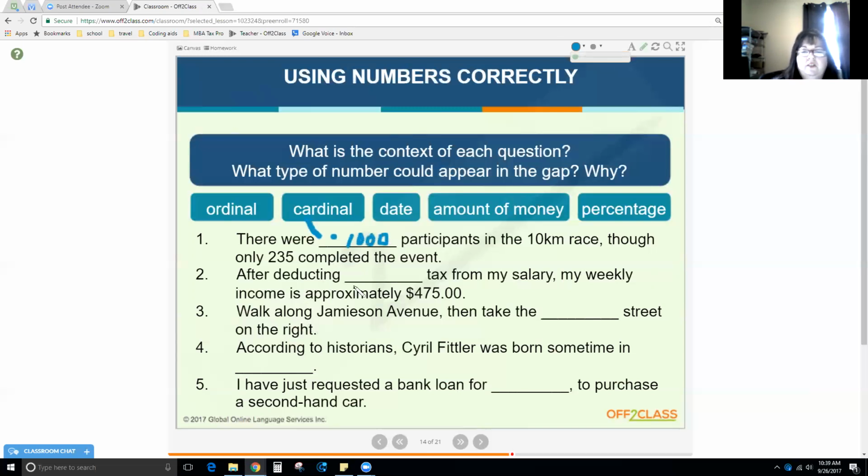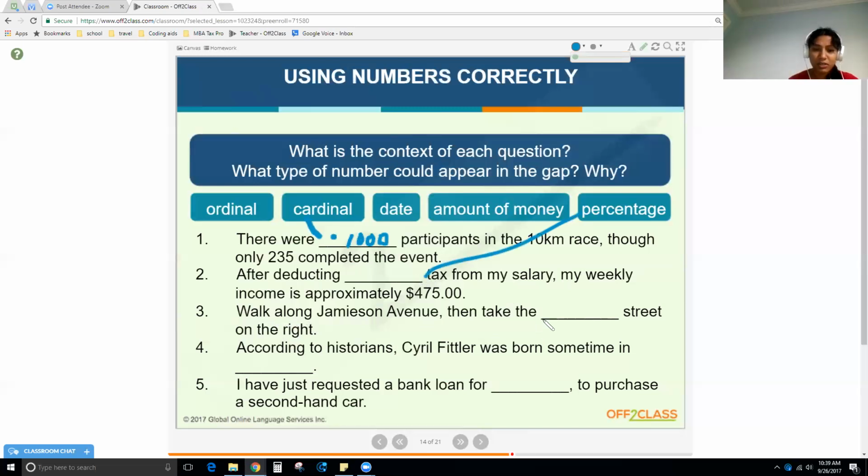Okay. After deducting blank tax from my salary, my weekly income is approximately $475. Percentage, and I pay 33% tax. So 33%. Okay. Walk along Jameson Avenue, then take the blank street on the right. 23rd Street.